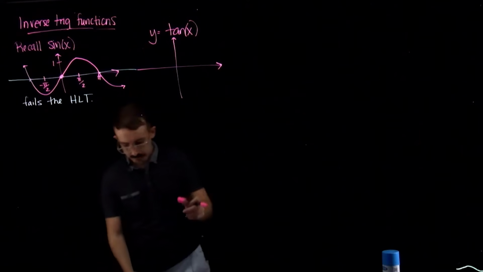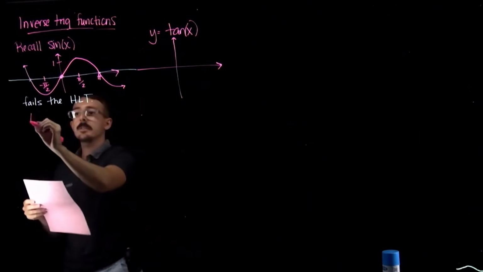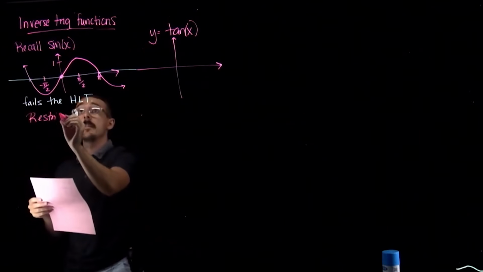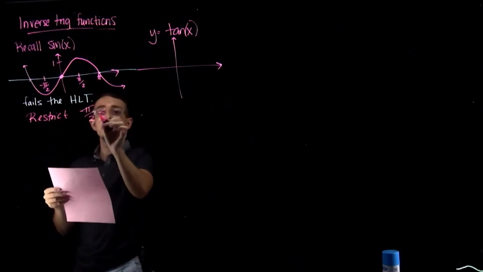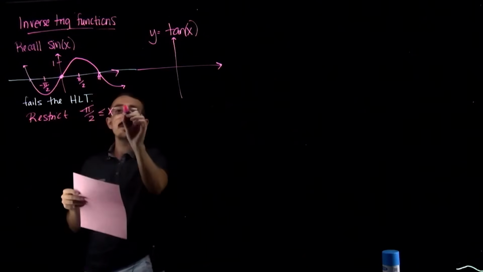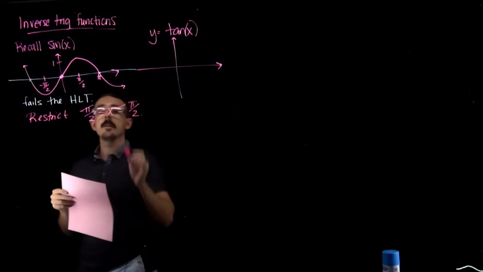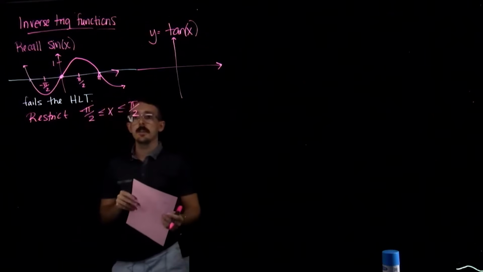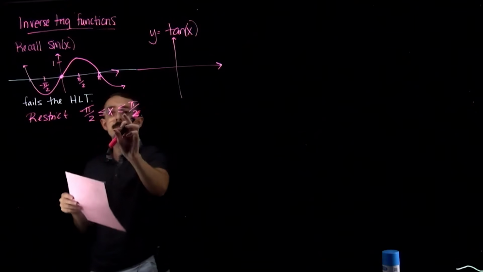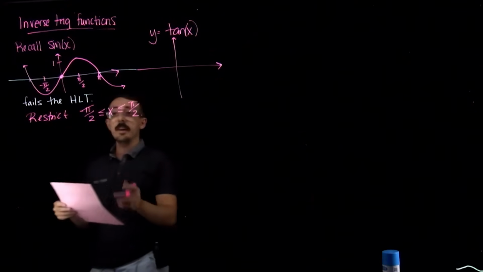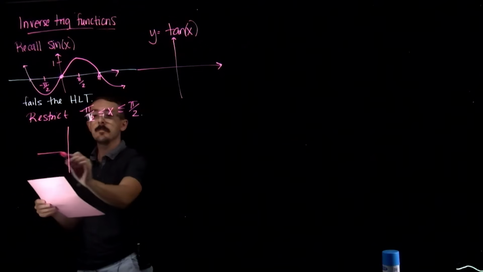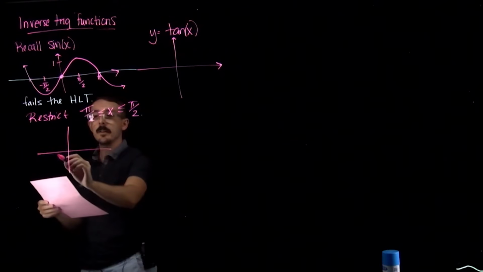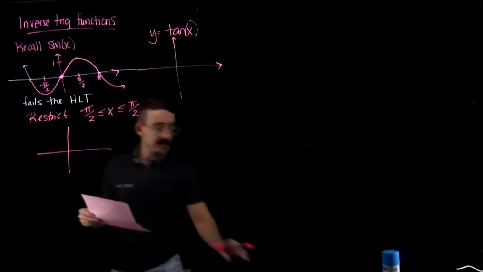So what I'm going to do is I'm going to restrict the x so that it's between negative pi over 2 and pi over 2, just like that. And then I'll redraw the graph where I want to give myself a little more room.